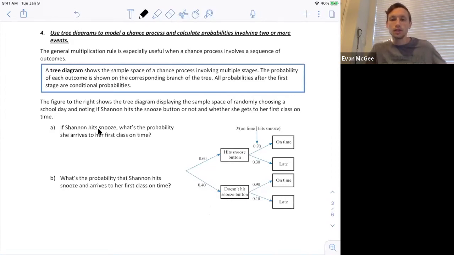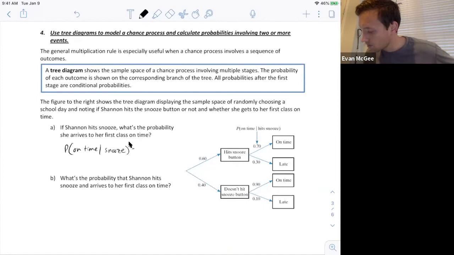So if Shannon hits snooze, what's the probability that she arrives to her first class on time? So this is a conditional statement. If she hits snooze, it's given that she hits snooze. So given that she hits snooze, what's the probability that she's on time? So all of these here are conditional statements because the first event has already occurred for each of them.